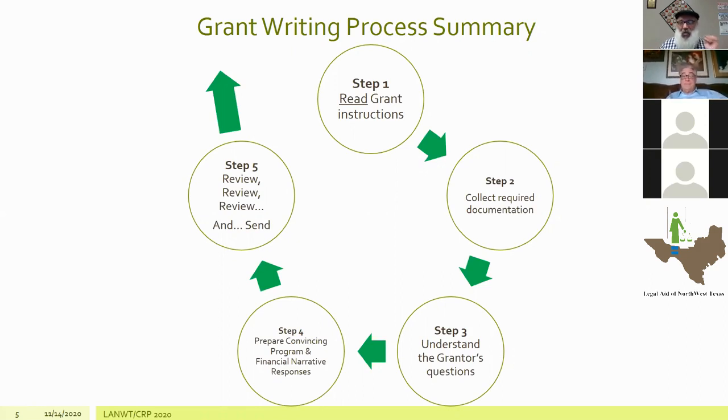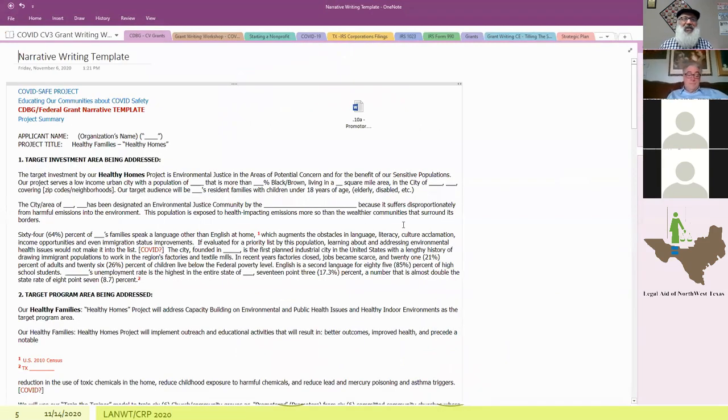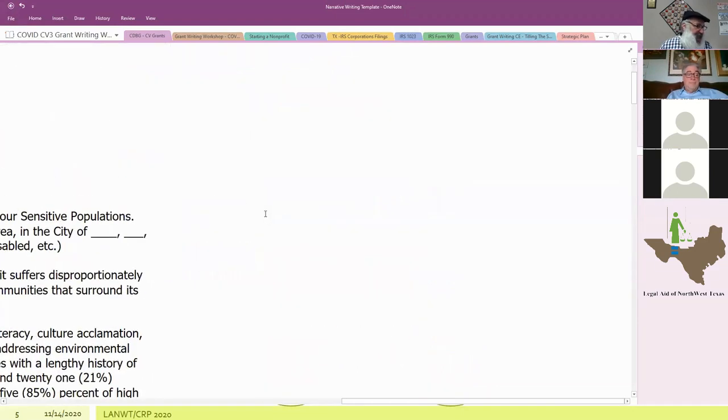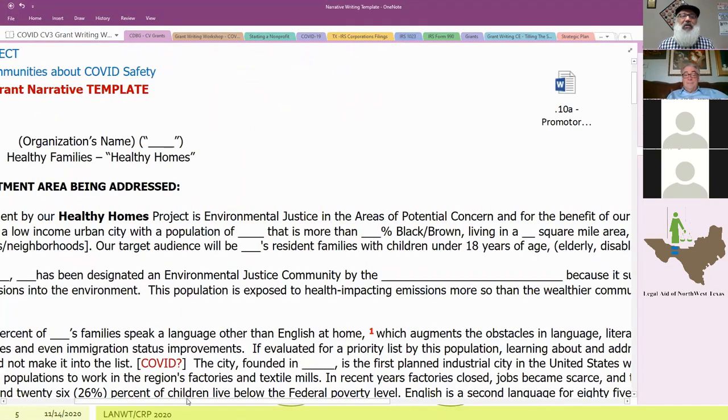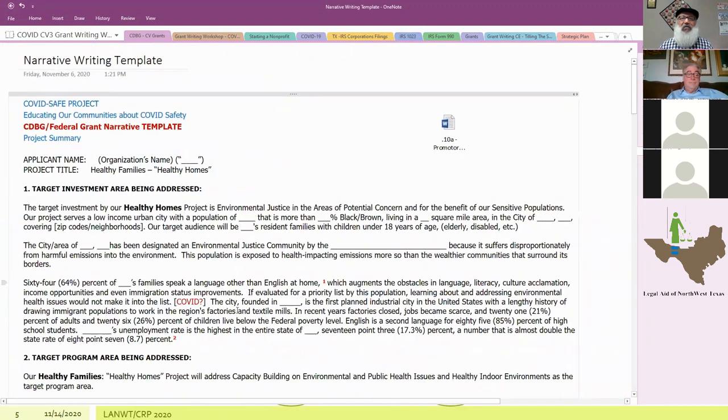Thank you, Sam. We mentioned before that we are going to go over some templates. This narrative template, everybody that was here last week and received the documents that we submitted on the workshop has it. It's here in Word form, and it's here just as a picture.